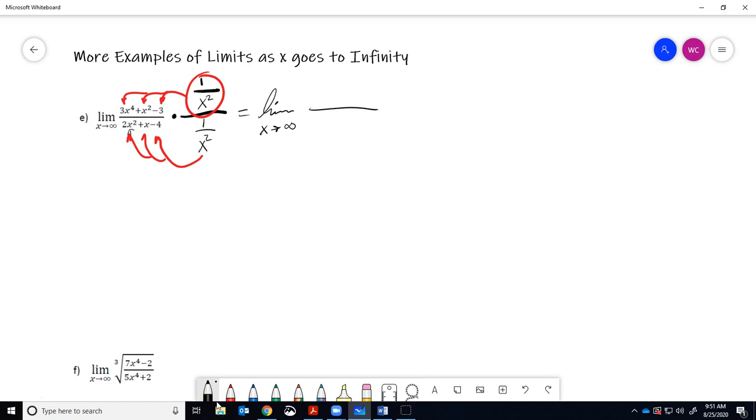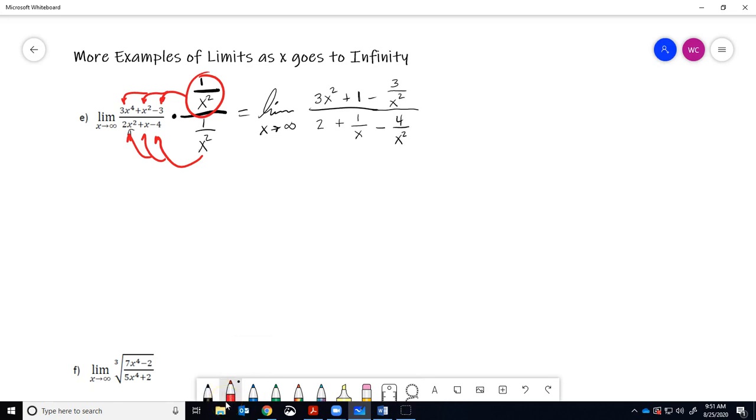So 3x to the fourth divided by x squared leaves you with 3x squared, plus x squared divided by x squared is going to just leave us with a 1, a placeholder, minus 3 over x squared. And there's the top. On the bottom, we'll divide each one by x squared. So 2x squared divided by x squared leaves the 2. x divided by x squared leaves us with 1 over x, minus 4 divided by x squared.